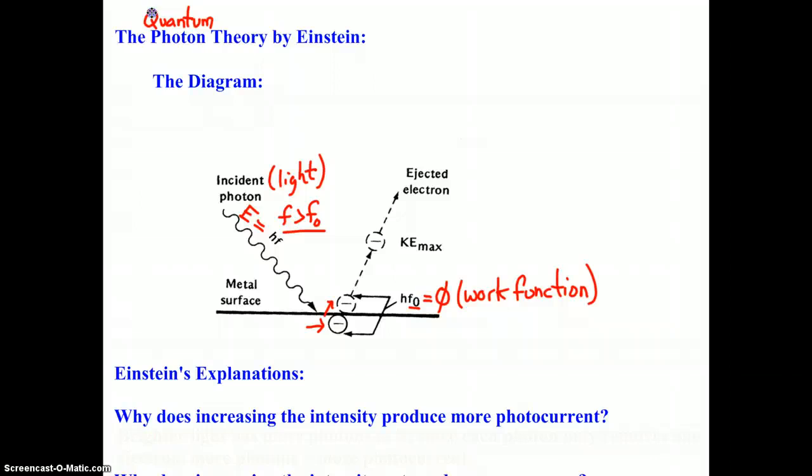The leftover amount gets imparted to the electron in the form of kinetic energy. And it's that max kinetic energy that was being measured in Planck's experiments by adjusting the stopping potential, etc. Remember, the kinetic energy we can calculate by 1/2 mv squared. And sometimes you are asked to do that.